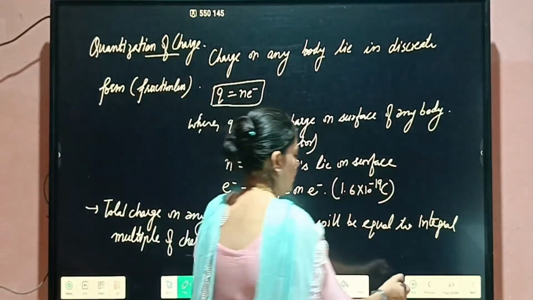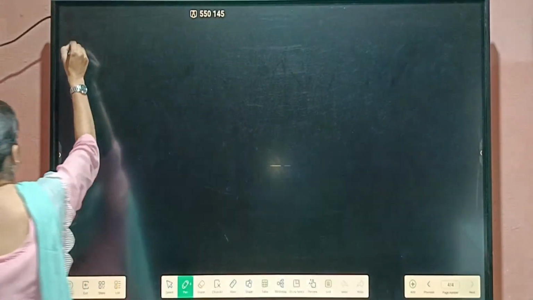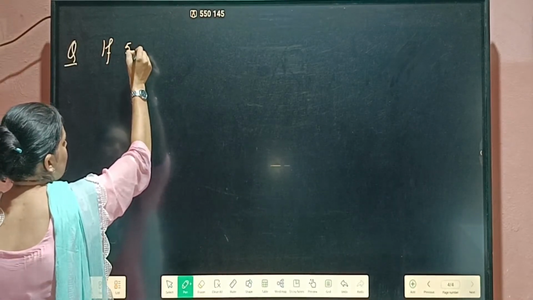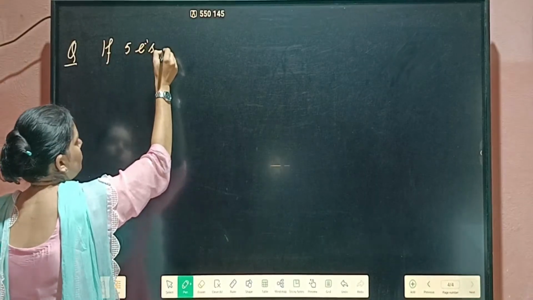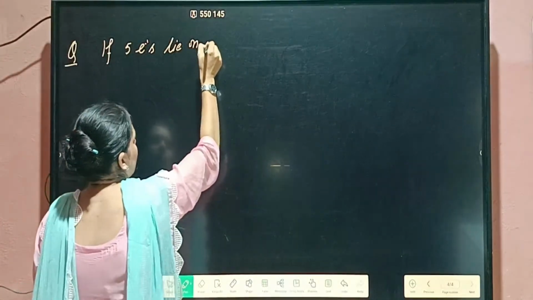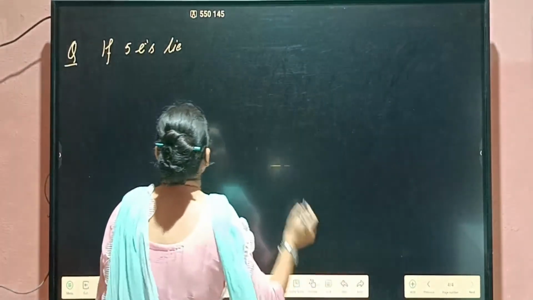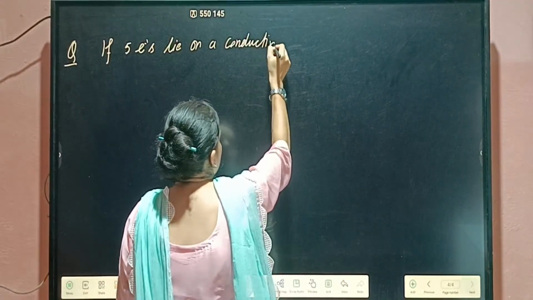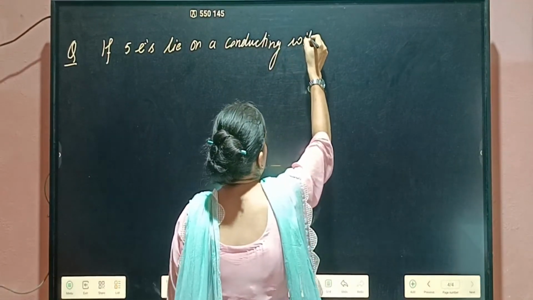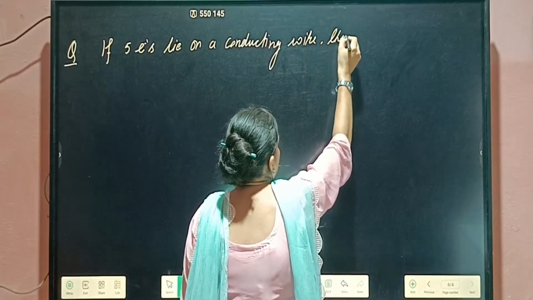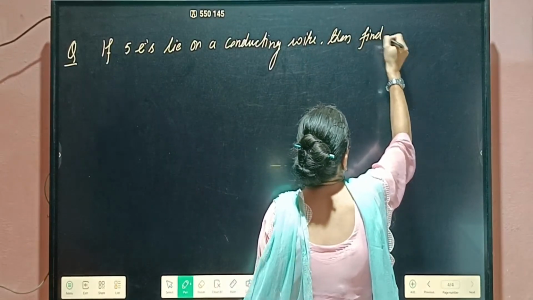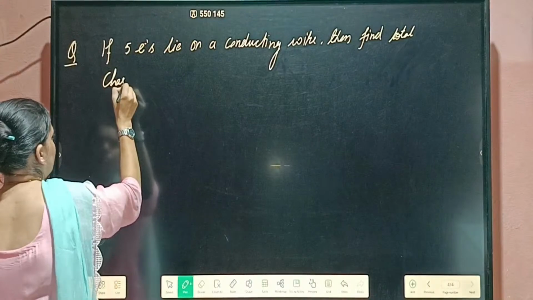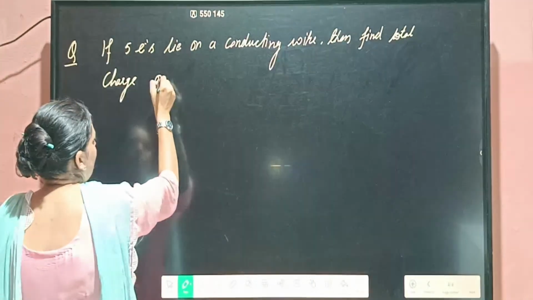For example, a question: if 5 electrons lie on a conducting wire, then find the total charge on this wire.